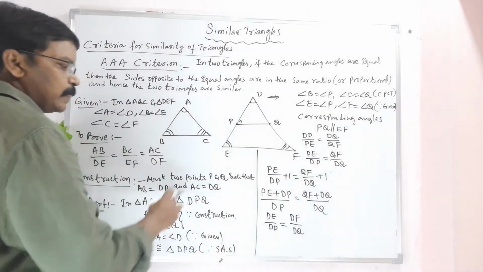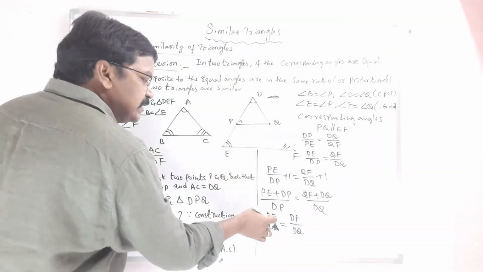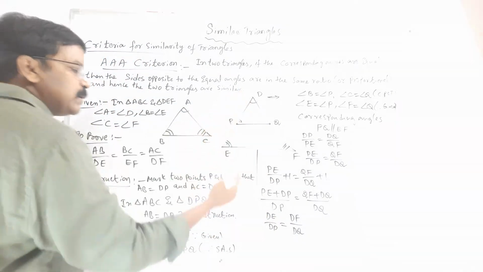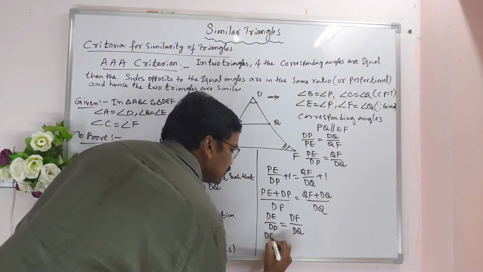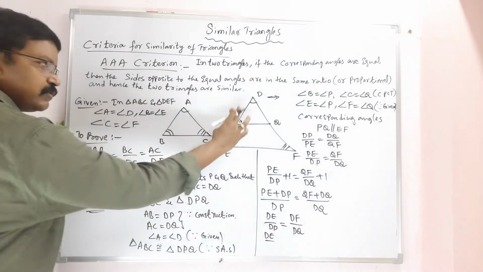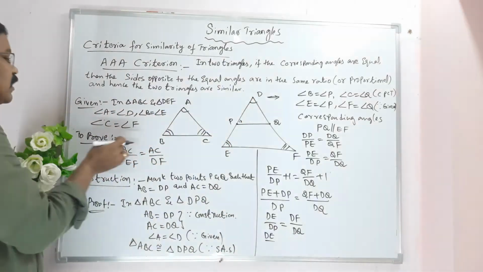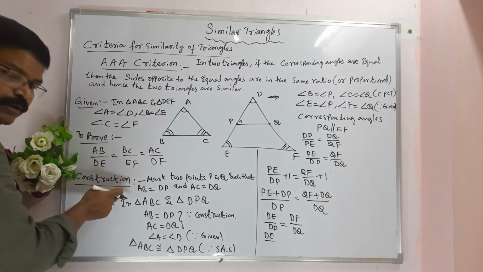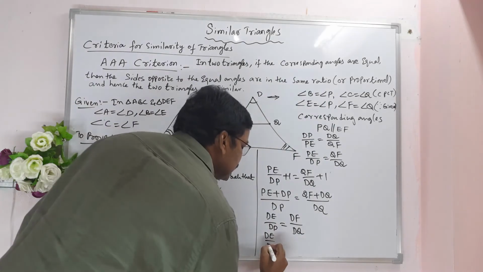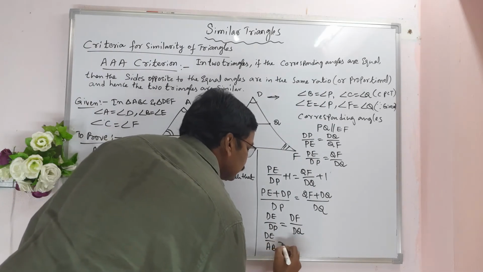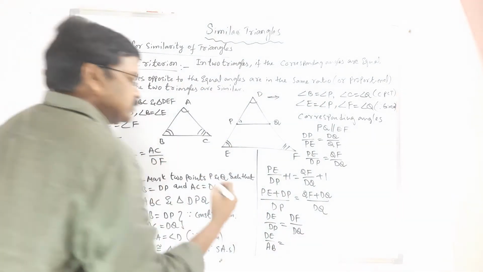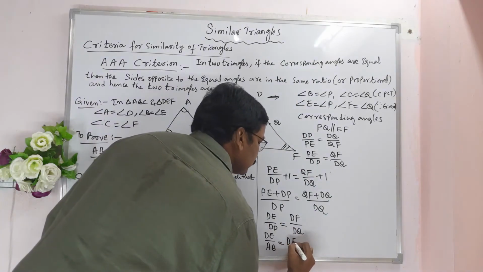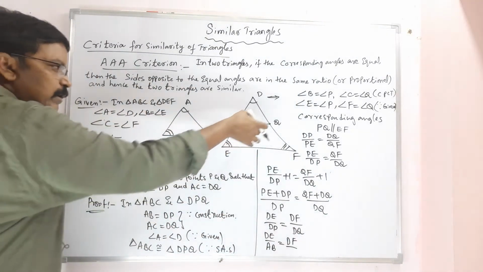Okay, now DE by DP. Instead of DP, I will write AB. Why? In the construction, DP is equal to AB. So I will write DE by AB is equal to DF by, what is DQ, my dear students?